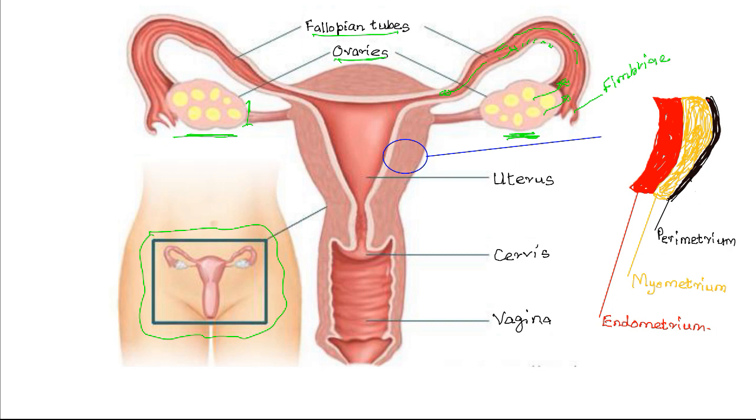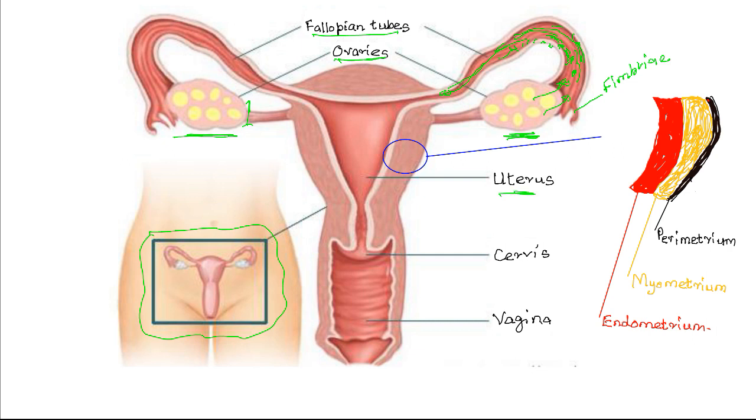So the lining is glandular that produces mucus. The lining is also ciliated that has cilia. So when an ovum is produced, it is pushed towards the uterus by the muscular contractions of the fallopian tube that produces peristalsis, and also there are the ciliary beatings that push the mucus together with the ova towards the uterus.